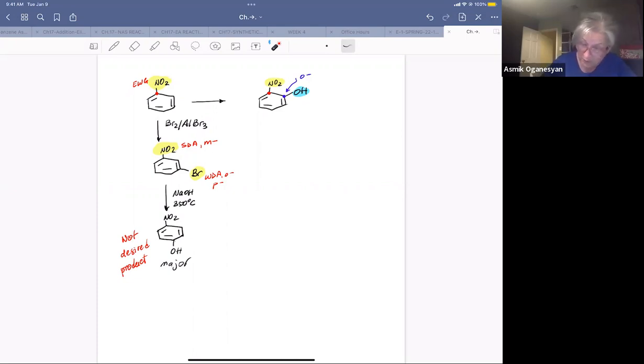So, and if we do that, let's recall the conditions again. Fuming sulfuric acid. We now will have our para position protected, or blocked.